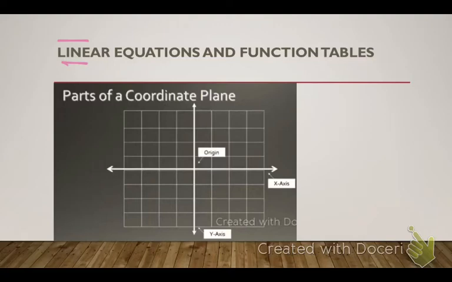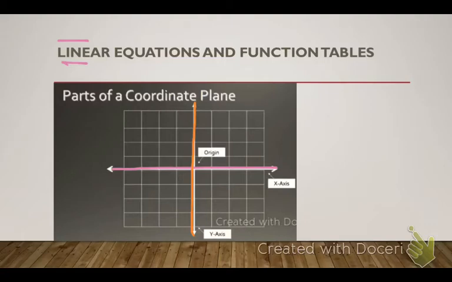Okay, well, let's talk about parts of the coordinate plane. You already know, we've talked about this before, and so it's just a basic review. We have our x-axis, which is right there. And we're going to change color on this one. We have our y-axis, which is right there.